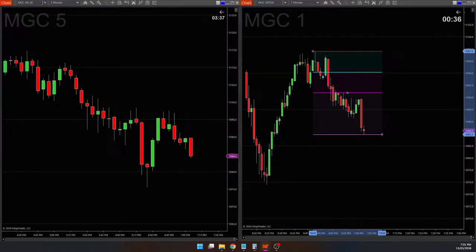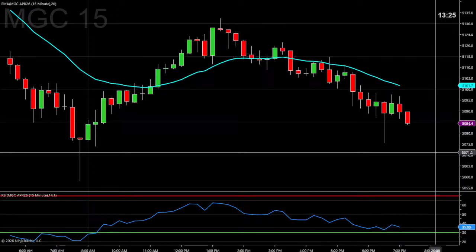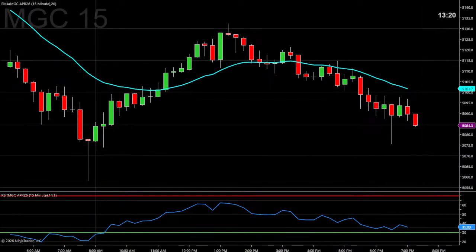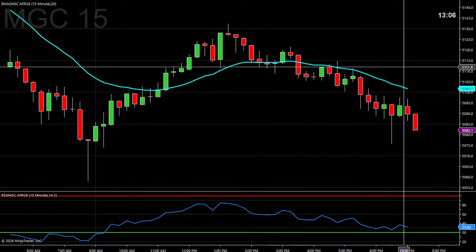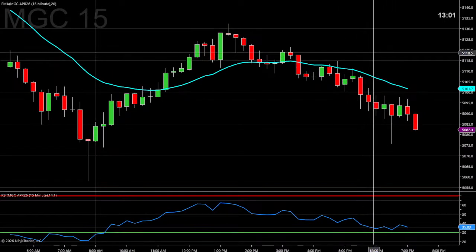The 15 on gold looks like it's still time to short. Should be waiting for what market open does. MNQ is already in the negative.